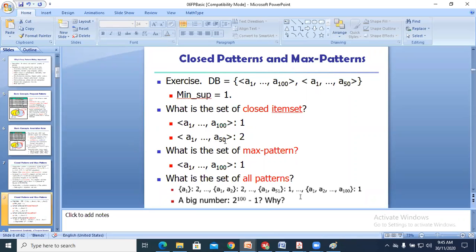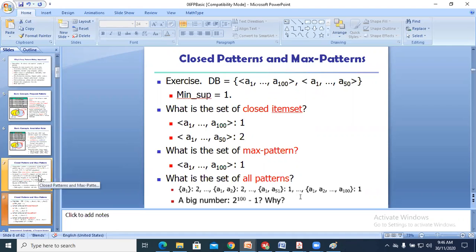So A1 to A50 has two counts, so its count is 2, or its support is 2, right? So both of these satisfy the minimum support criteria.